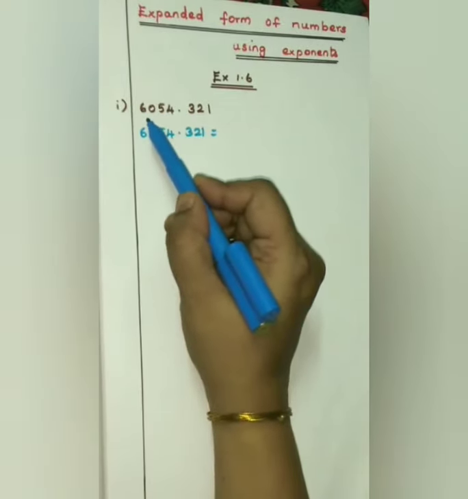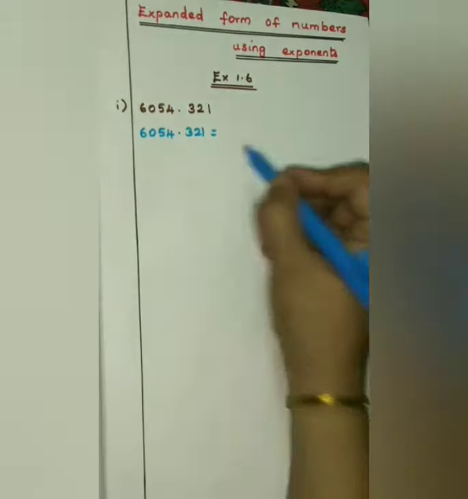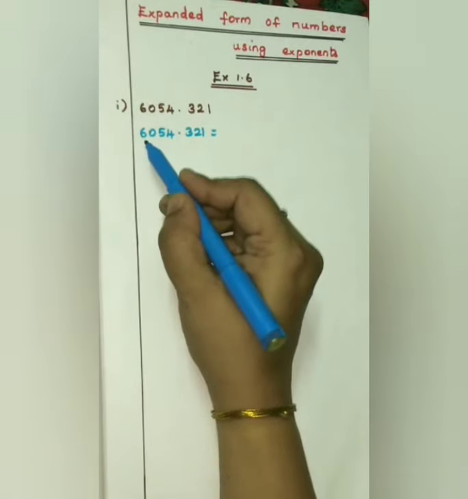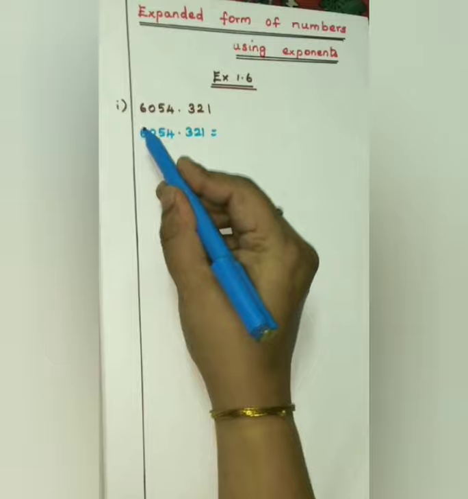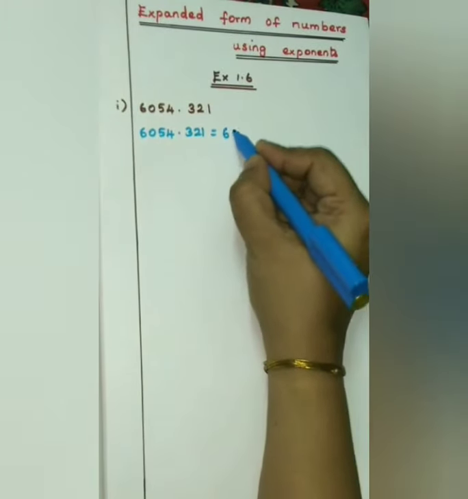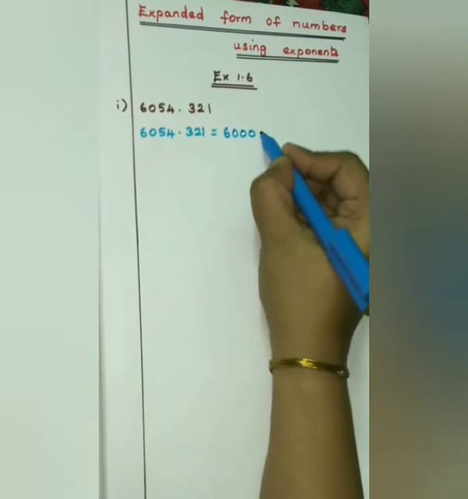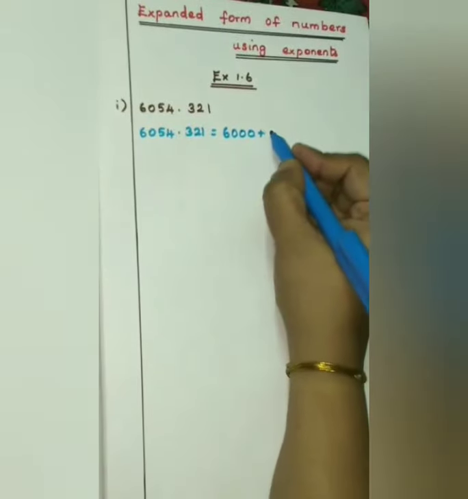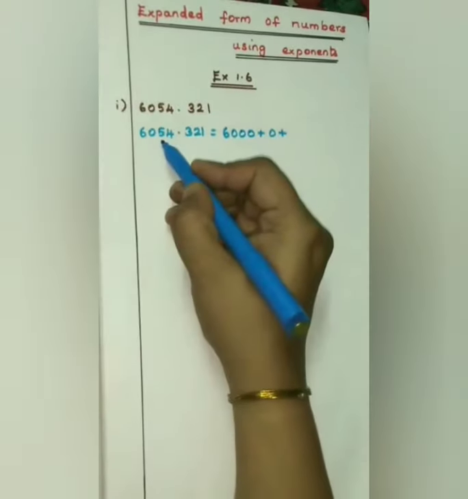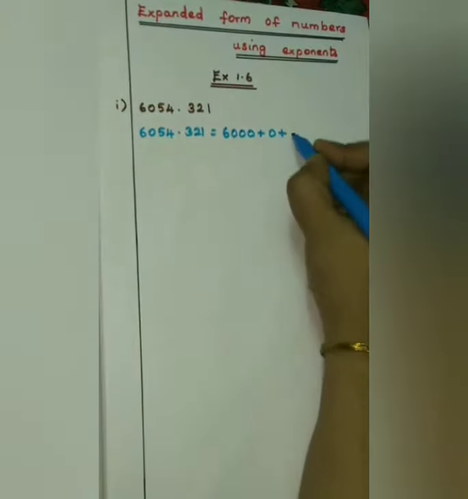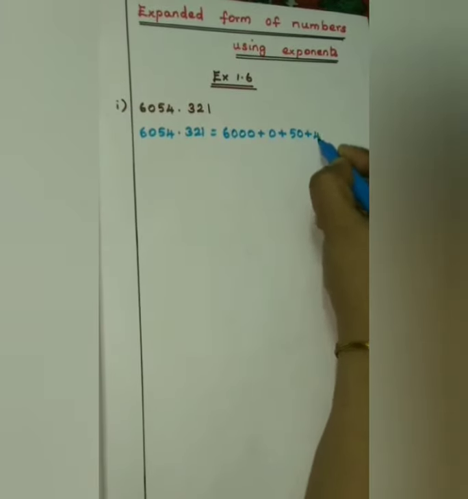What do we have? 6054. First you expand that. Since 6 is in thousands place, 6000 plus 0 plus 5 is in tens place, so 50 plus 4.